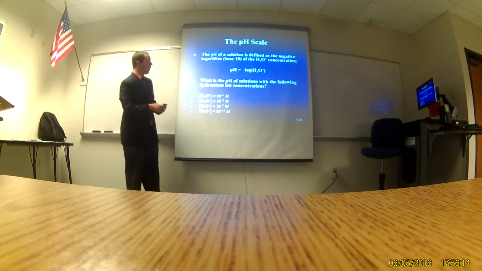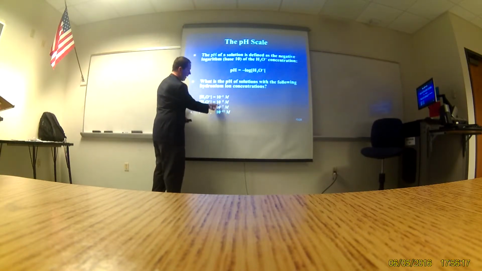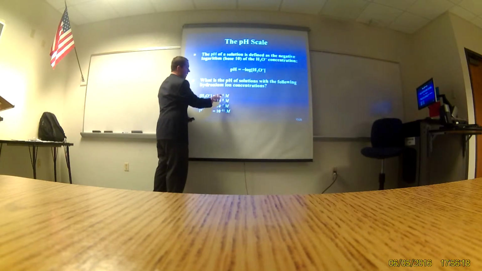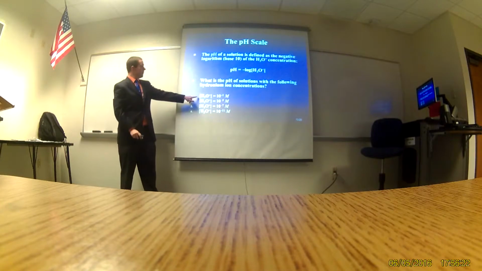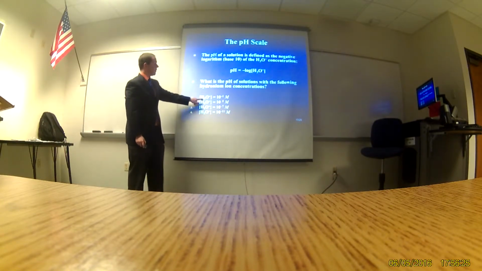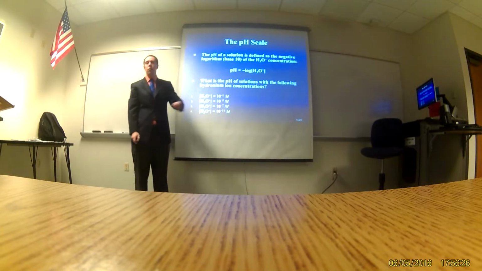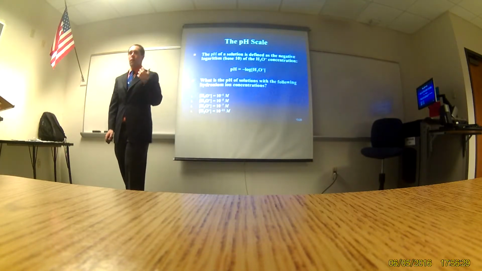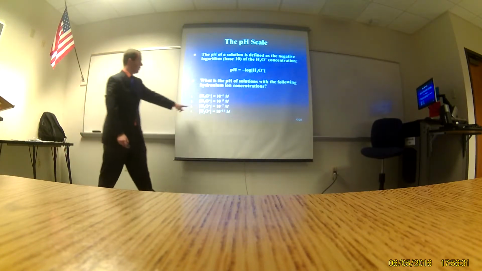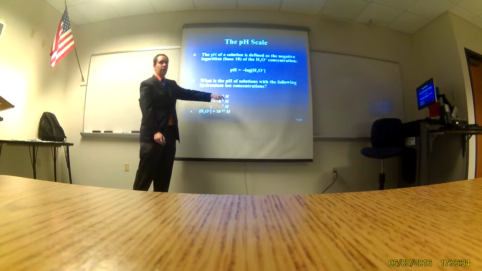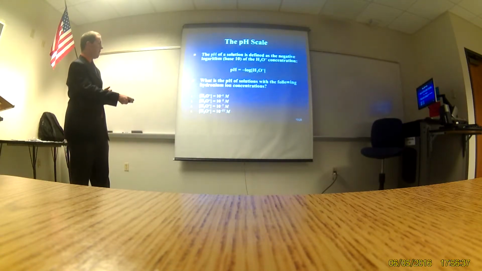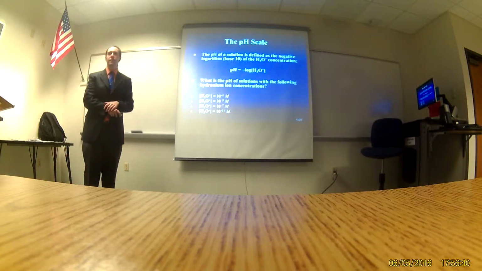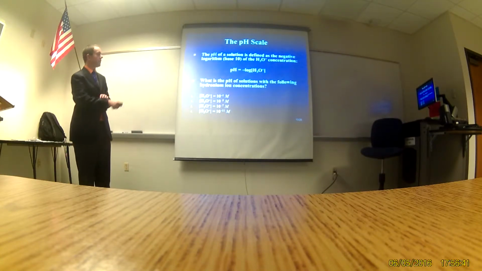The log part gets rid of the 10, and the negative cancels out these negatives. And so a solution that has an H3O plus concentration of 10 to the negative 1 molar has a pH of 1. Just look at the exponent, get rid of the 10 to the negative. pH 7, pH 11, pH 5. Assuming these are H3O plus concentrations.